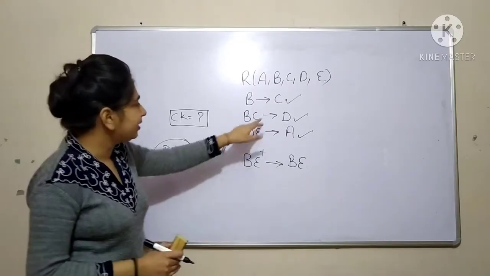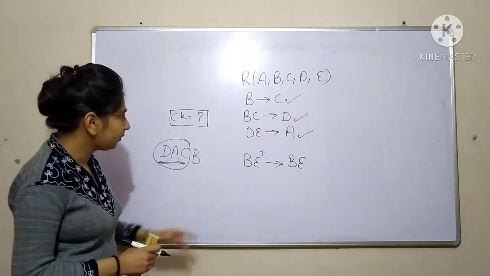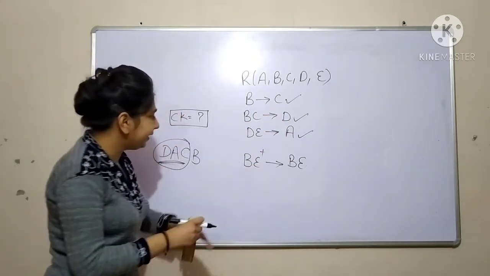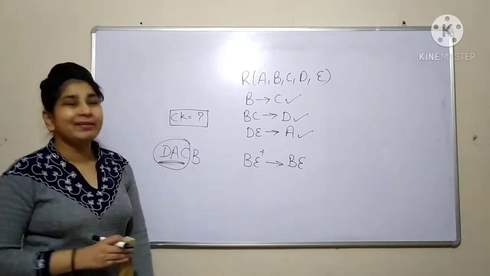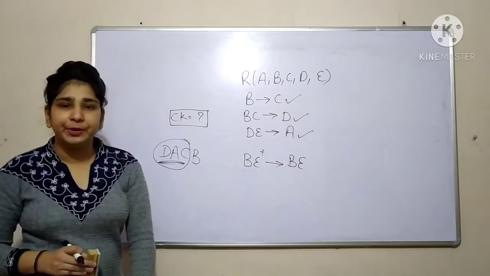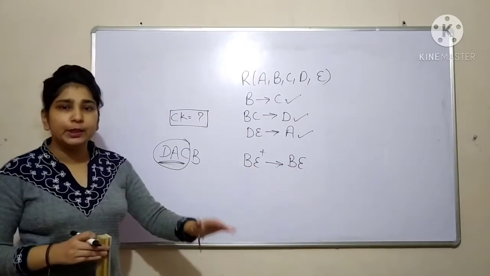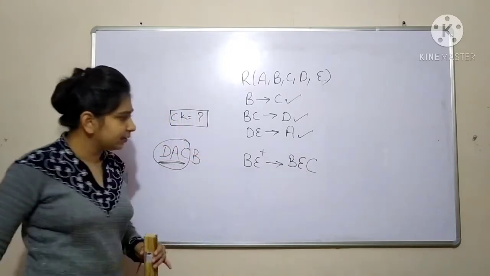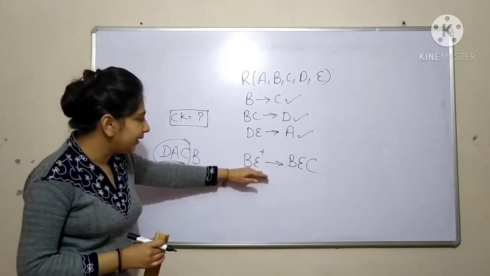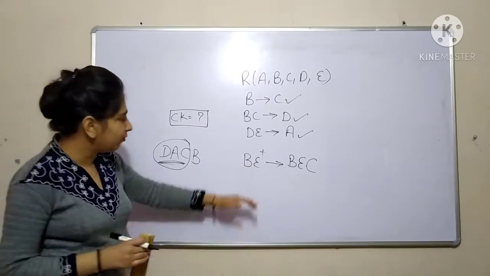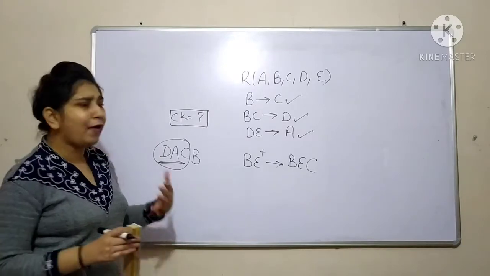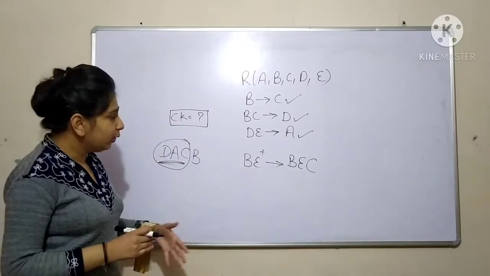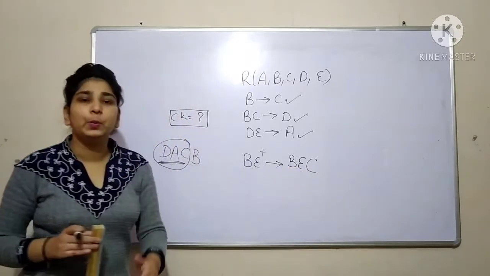We will still determine the value of attribute C. So B alone is sufficient to determine the value of C. If you add the E attribute to the attribute B, we are still able to determine the value of attribute C. So with the help of BE also we can determine the value of C. This way, if I give you the value of BE and ask you to find the value of either B or E or C, you can determine all these three attribute values uniquely.